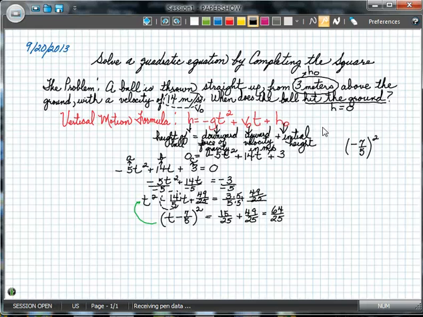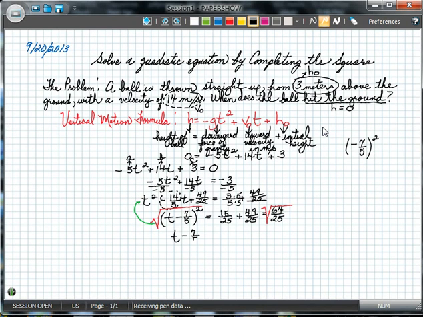Now this is what we did all of this for. We have a perfect square, so we now can use the square root method and take the square root of both members. So I'm going to take the square root of this side, and I'm going to take the square root of this side. And I end up with t minus 7/5.